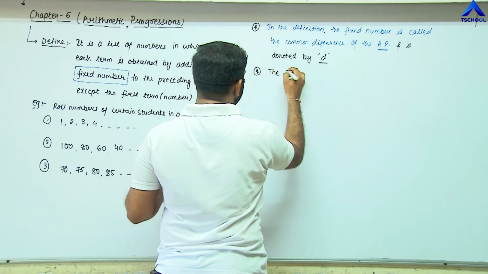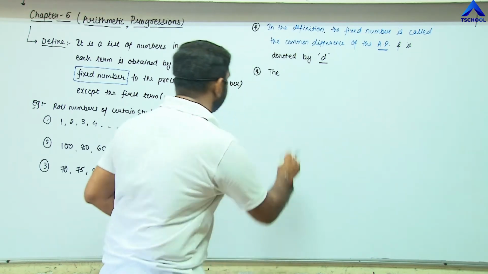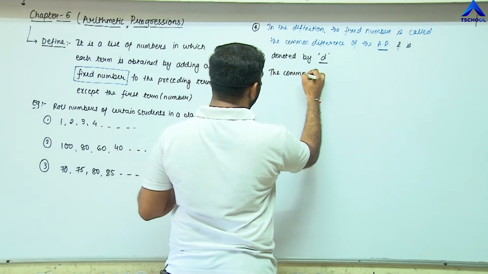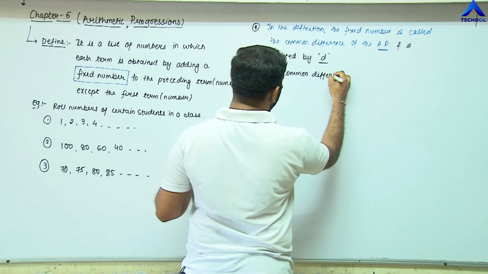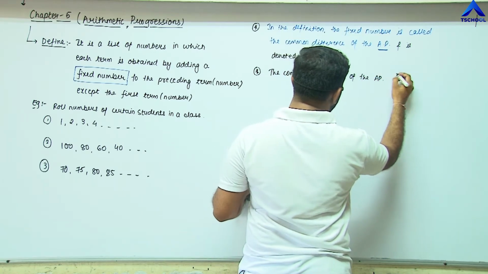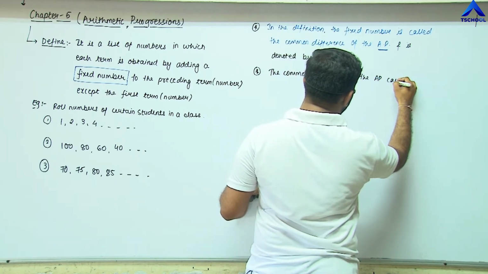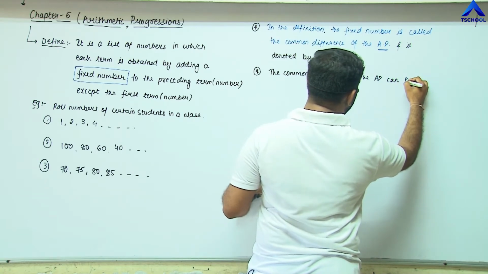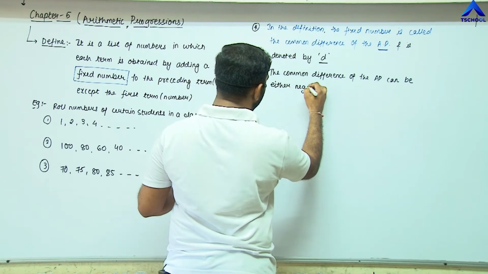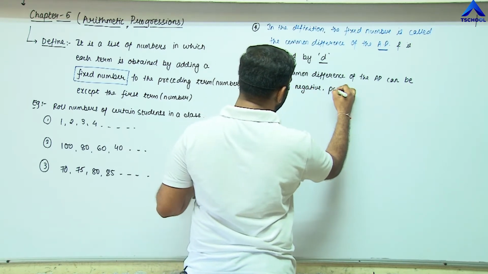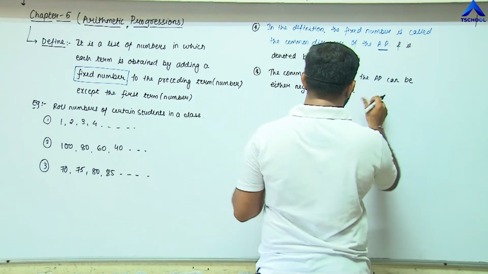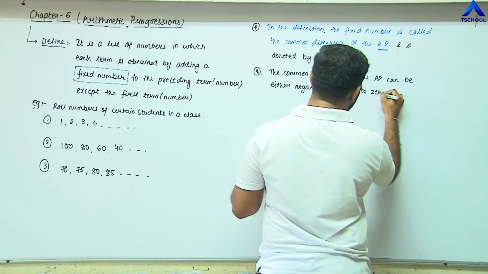Now this common difference of the AP can be either negative, positive, or 0, right?